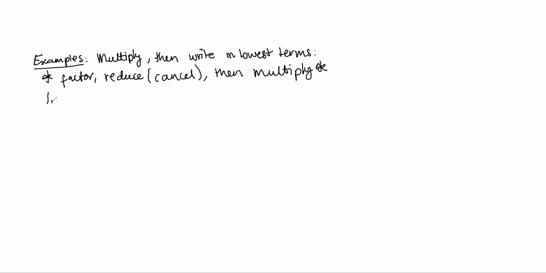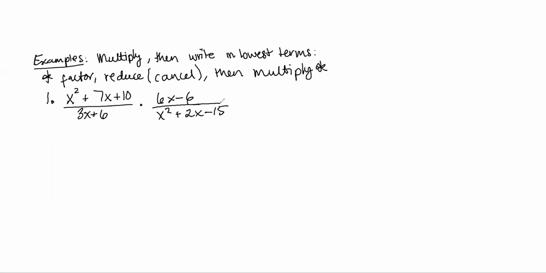So this first one, we're given x squared plus 7x plus 10 over 3x plus 6 times 6x minus 6 over x squared plus 2x minus 15.